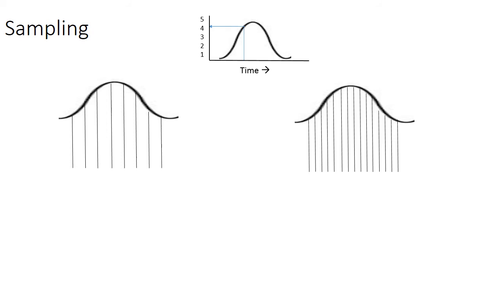Well, sample more often. Obviously, the more often you sample the wave, the better the numeric representation is of that wave. Now, how often do you have to sample a wave? Well, to give you an example, on an audio CD, the wave is sampled 44,000 times per second.